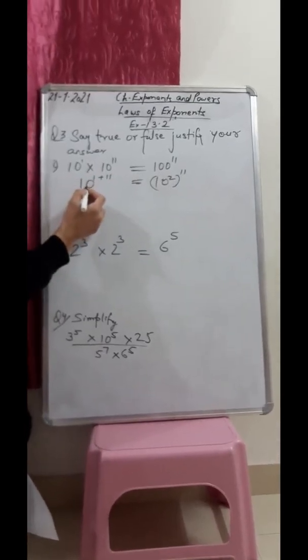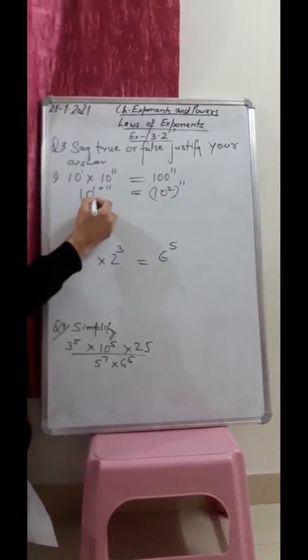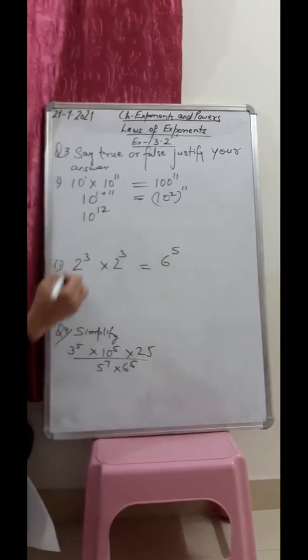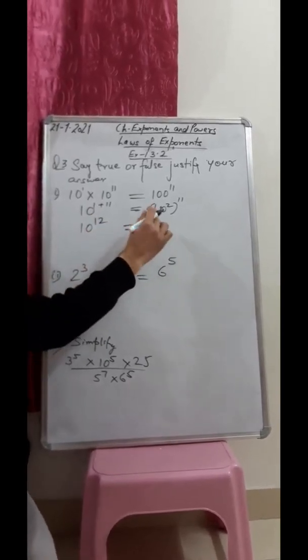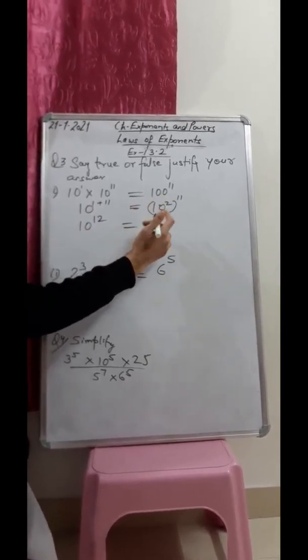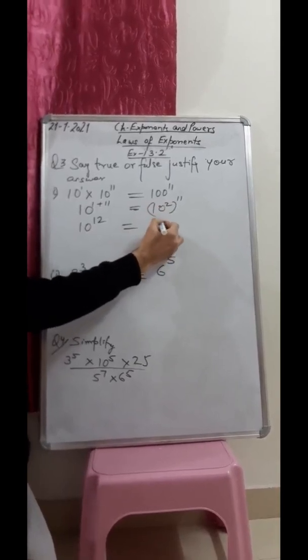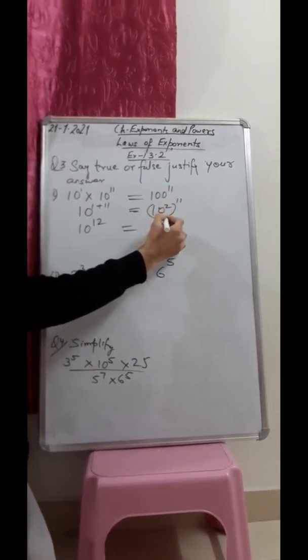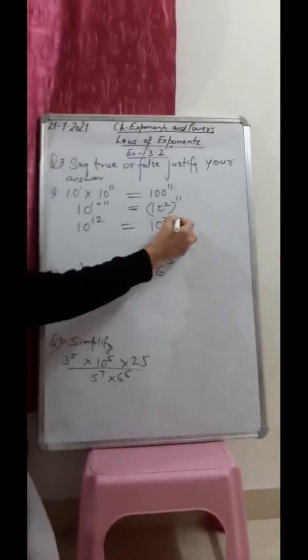So on the left hand side we are getting 10 raised to power 12, but on the right hand side, when you remove the bracket, what will happen? The base remains 10 only and the powers get multiplied, that is 2 multiplied by 11.